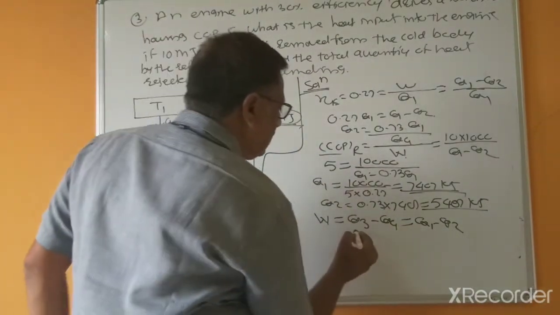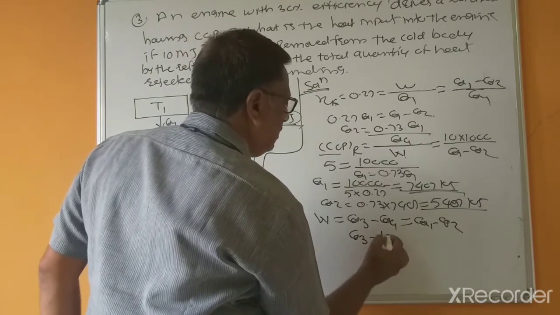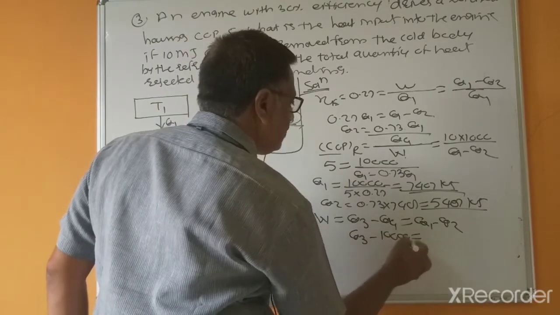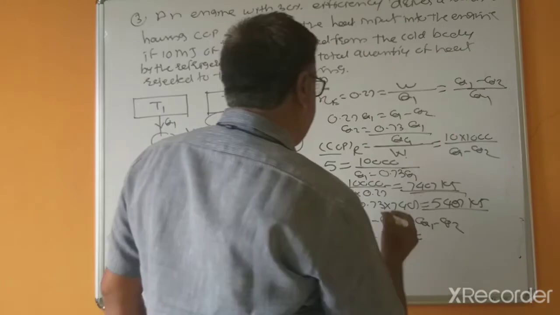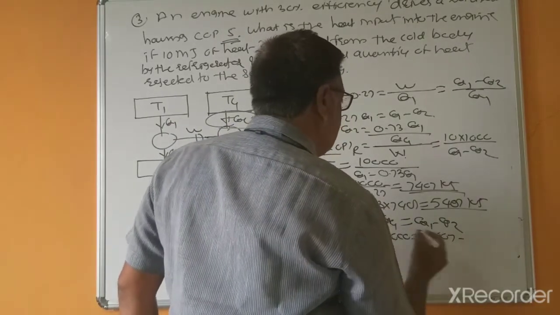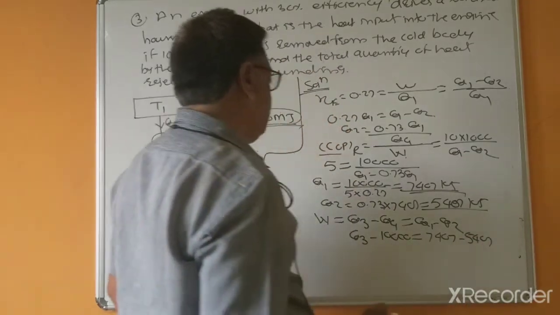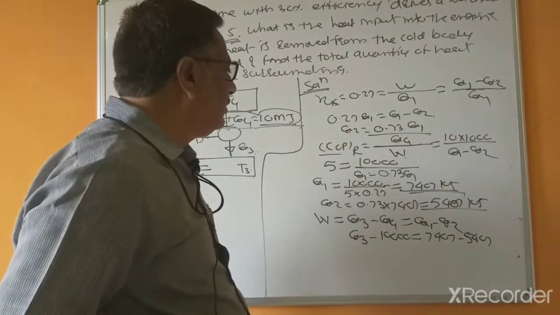Now Q3 is unknown, Q4 this is given 10, means this is 10,000. Q1 we already calculated, this is 7407 minus Q2 5,407, this is right.